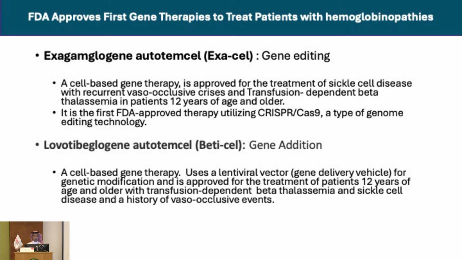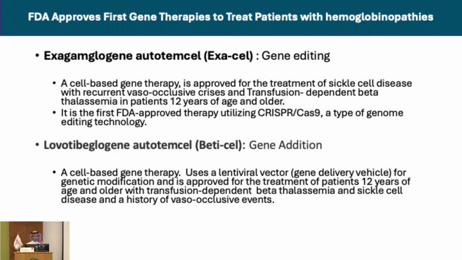The two products that are available and FDA approved are exa-cel, which is a gene editing therapy approved to be used in patients with severe vaso-occlusive crisis in sickle cell, or transfusion-dependent beta thalassemia for patients older than 12 years old.